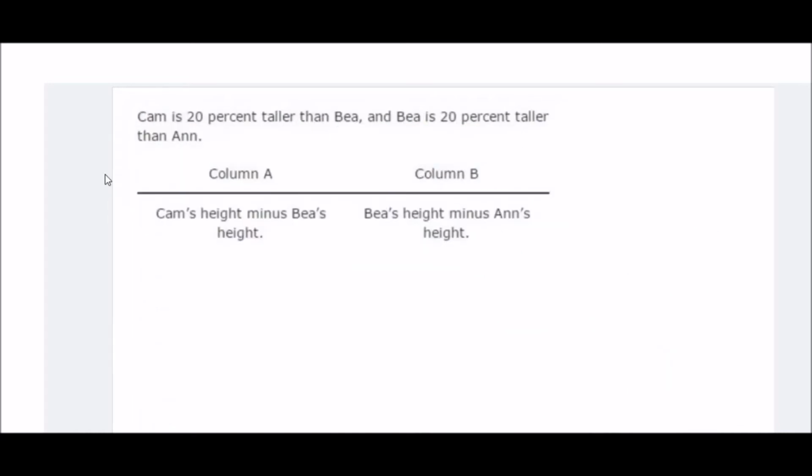Next question is, C is 20% taller than B and B is 20% taller than A. So for column A, we have to find out C's height minus B's height, and B's height minus A's height. That is C minus B and B minus A. So from the question, see here, C is 20% taller than B, that becomes B plus 20% of B, that will be 1.2 B. First equation.